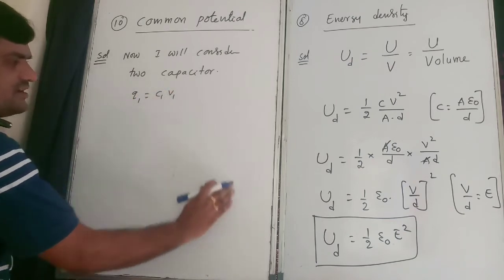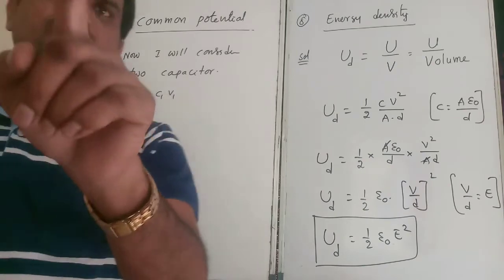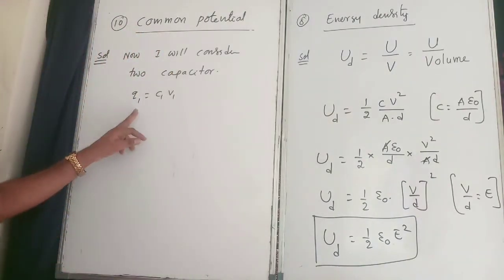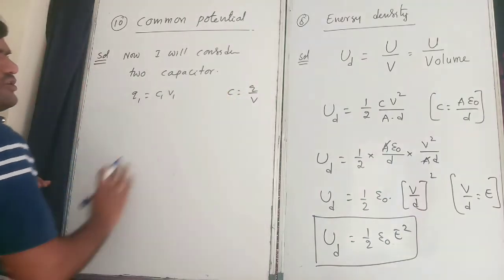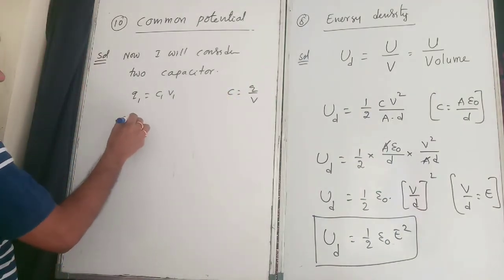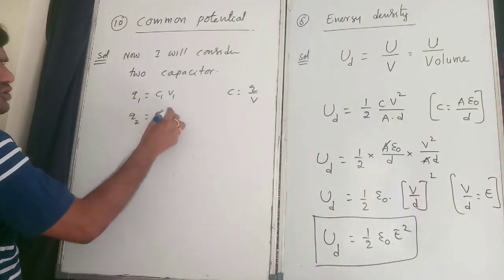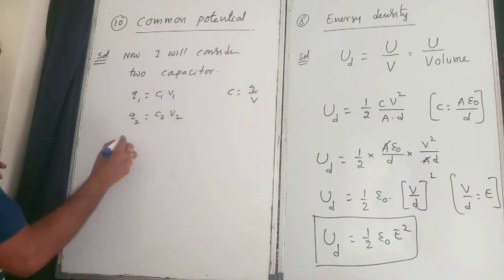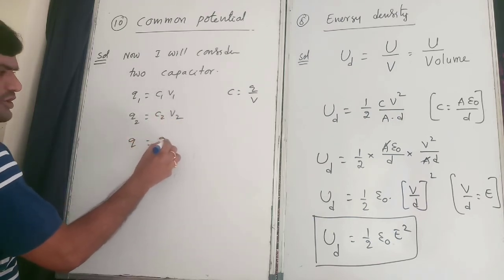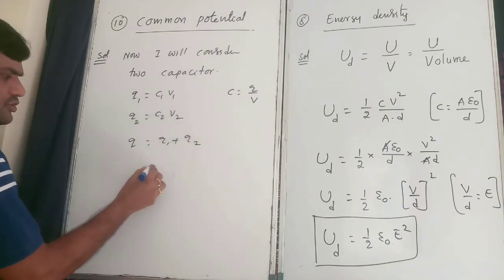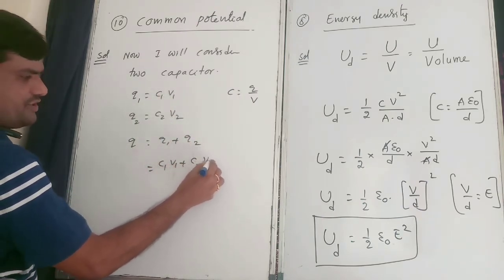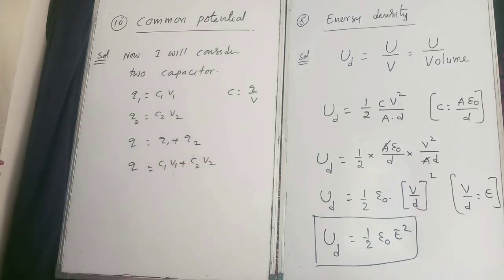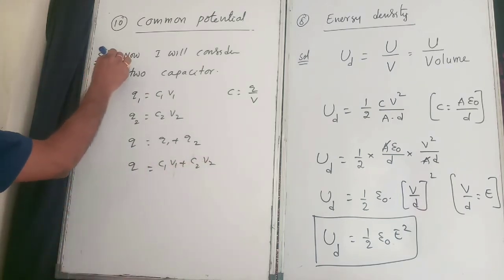Formula correct only, yes or no? C is equal to Q by V formula, so Q is equal to CV. Similarly, Q2 is equal to C2 V2. Therefore, total charge Q is equal to Q1 plus Q2, that is C1 V1 plus C2 V2. This is the Q. This is the first point.